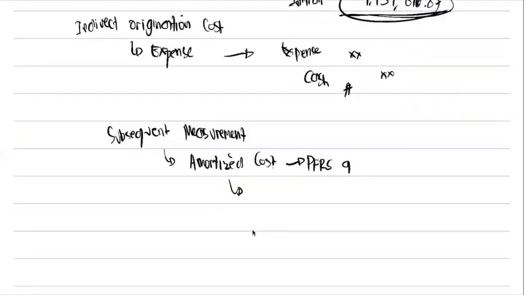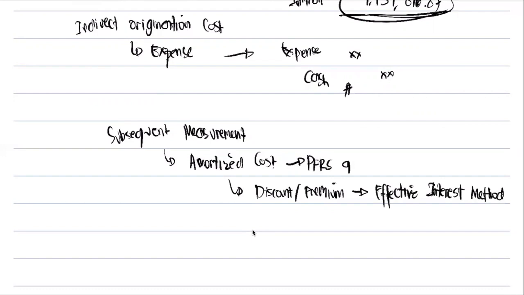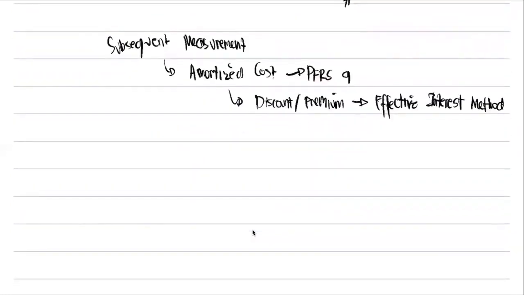We amortize the discount or the premium based on our effective interest method. What is this discount or premium again? This is the difference between the face amount and the carrying amount. So whatever is the difference between the two is known as your discount or your premium.